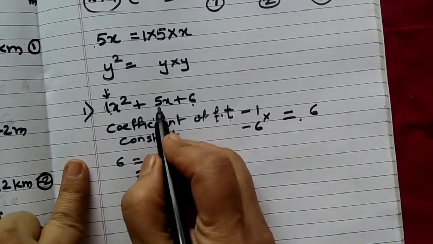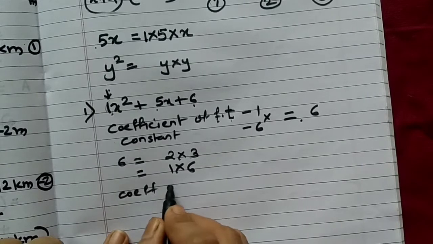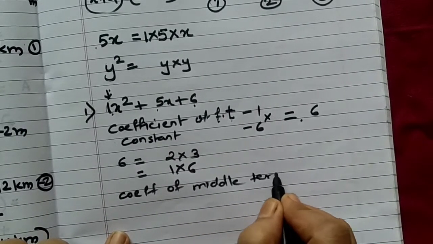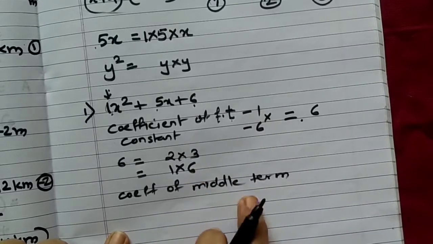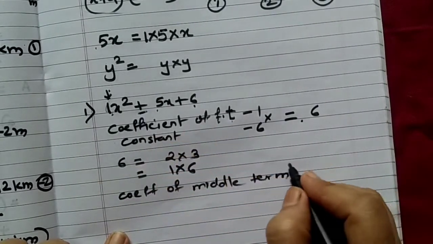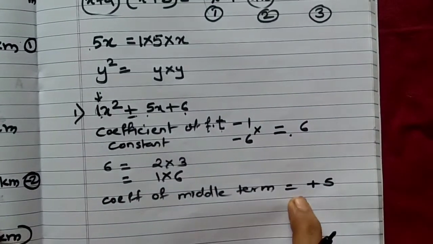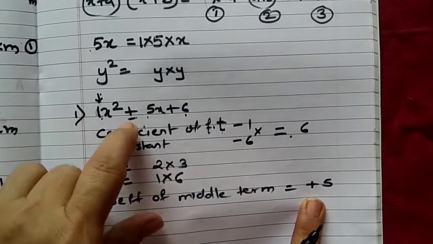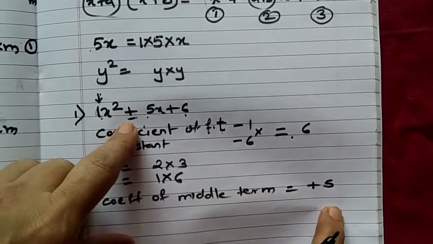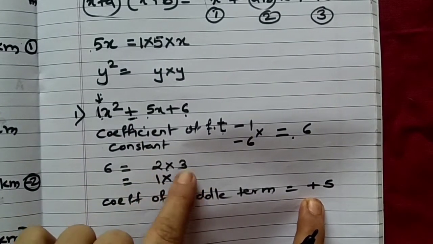Now we have to look at the coefficient of the middle term. What is the coefficient of the middle term here? Take it along with the sign, that is plus 5. What is the sign? Plus. Whenever you take the coefficient of the middle term, you should always take it with its sign also, because that will decide which factor we are going to take from here.